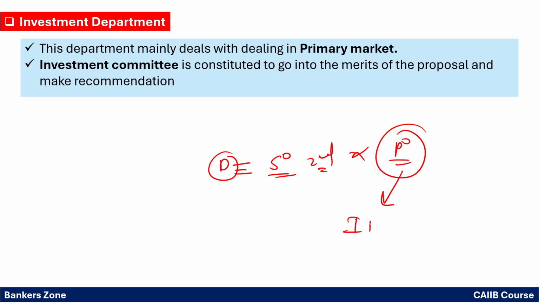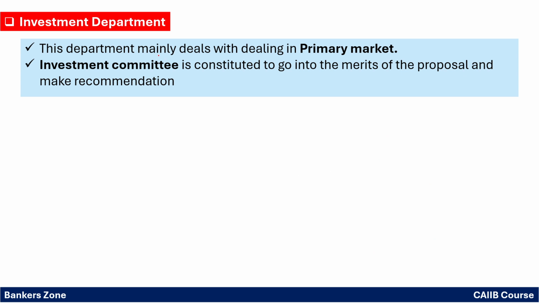The investment department can invest in the primary market. So this department mainly deals in the primary market. The investment committee is constituted to go into the merits of the proposal and make a recommendation about the investment. Okay, very simple. The investment department, if present in treasury, can make a recommendation to the higher management to invest in the primary market.